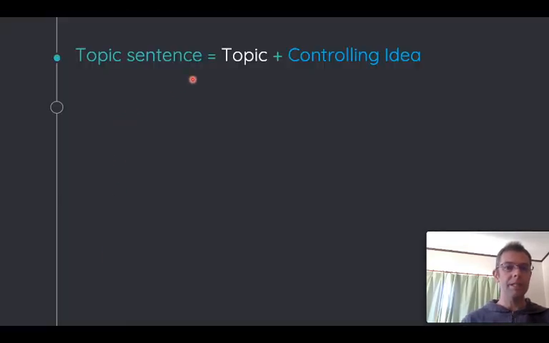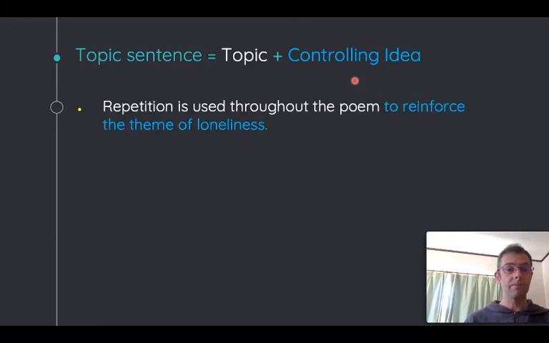So a topic sentence actually has 2 parts: a topic, which is the subject of the paragraph, and the controlling idea, which is the point you're trying to make. That's the analysis you're making, or the judgment or the evaluation that you're making. So here's some examples.